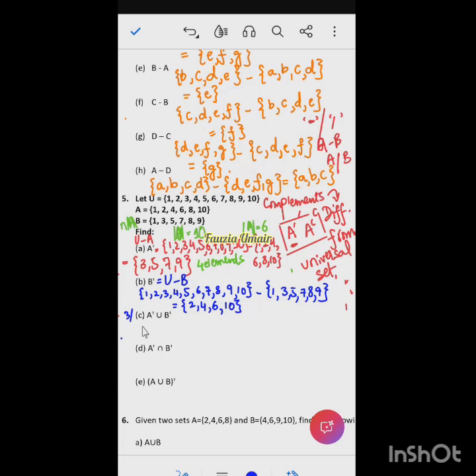So A complement is 3, 5, 7, 9 and we need to take the union with B complement, which is 2, 4, 6, 8, 10. So what will come in the answer? What is union? Can anyone tell me?